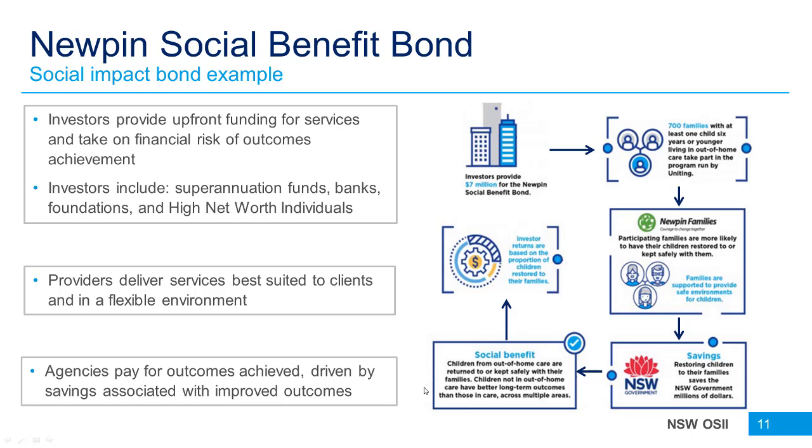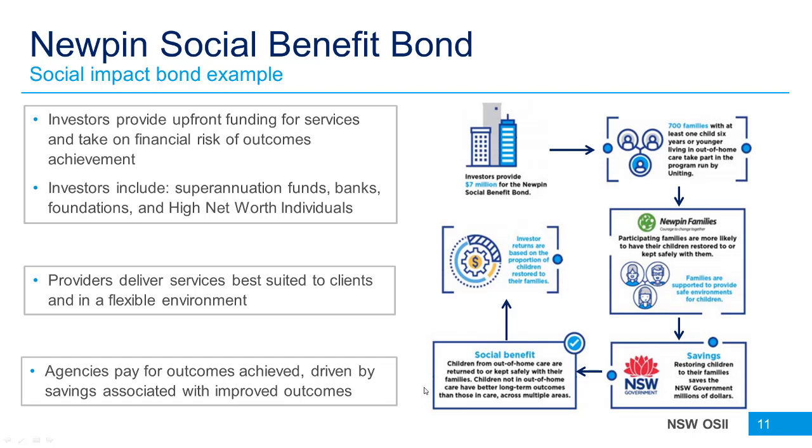The savings generated by the Newpin program were used to pay the service provider and to make returns to investors. In addition to the financial savings and outcomes achieved, there are considerable social benefits because, as we know, children who spend a long time in out-of-home care have very poor long-term social outcomes.